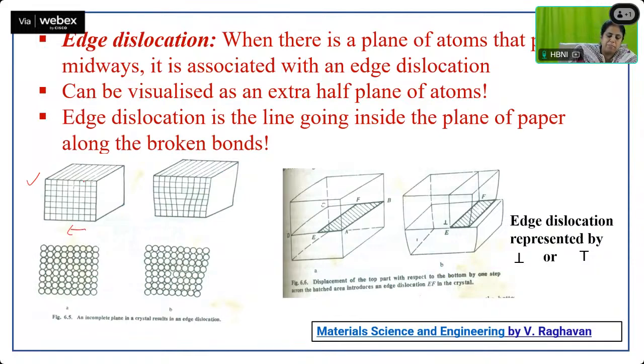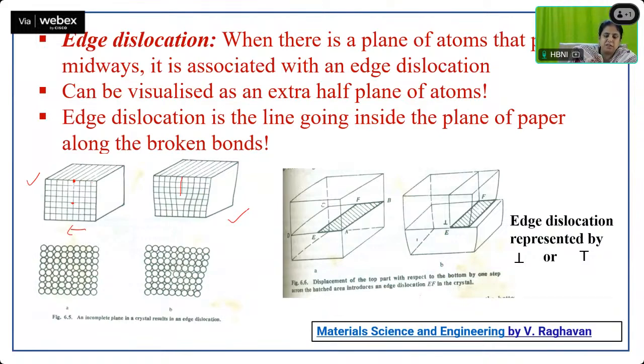Now, suppose a plane, let's say this one, started from the top, but it parted midways, and then it did not exist below that. Something like this will appear. So you have other planes, but this particular plane started from the top, but it parted midways, and there is an absence of this particular plane below this line.